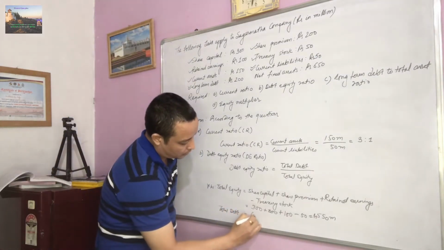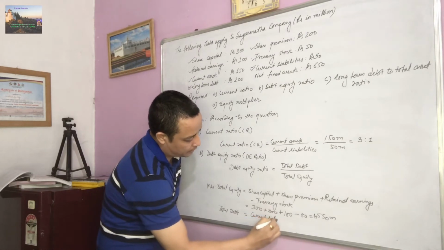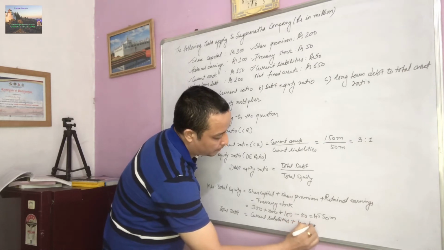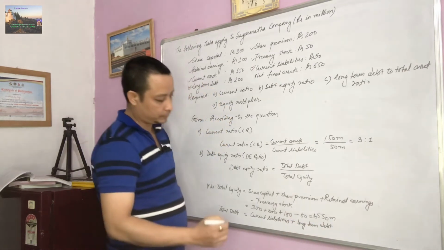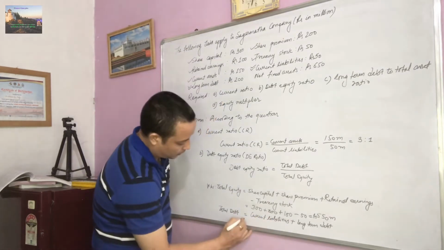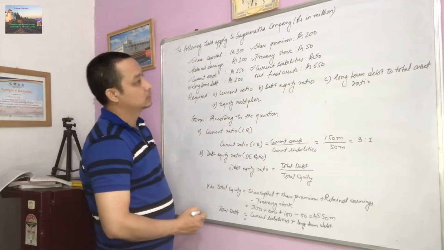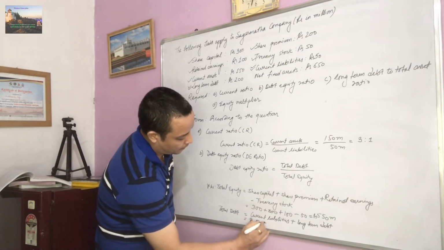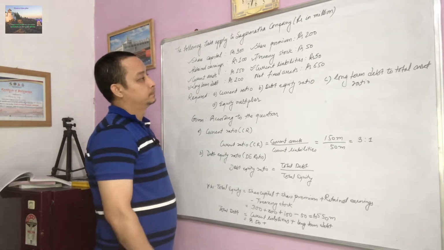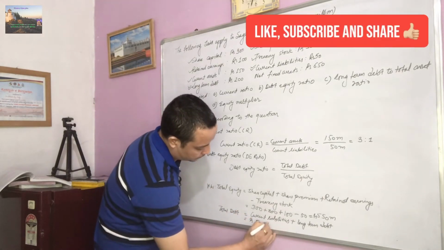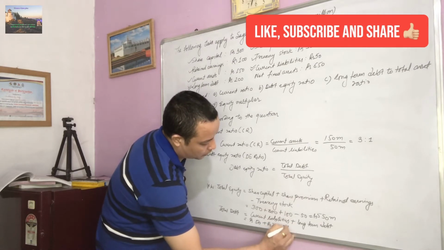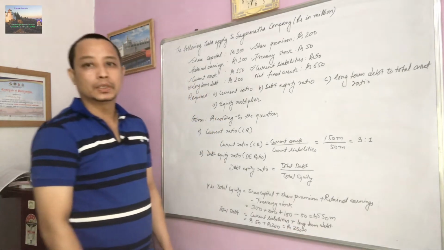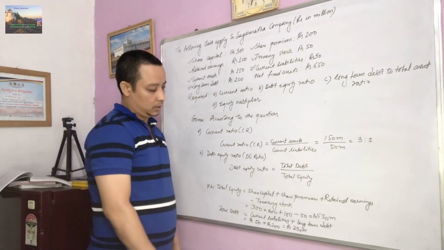So here current liability is your 50 million plus long-term debt 200 million. So total is your rupees 250 million. Okay, 250 million is your total debt.